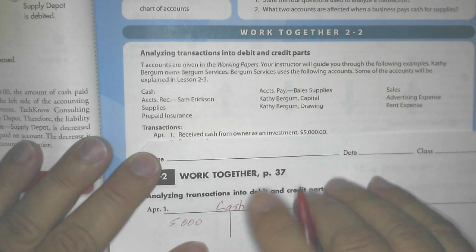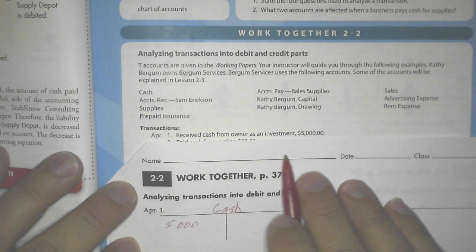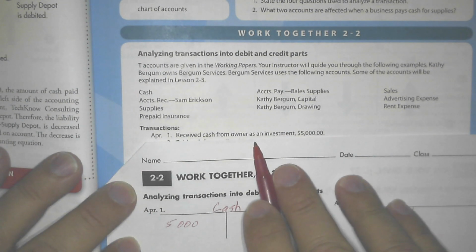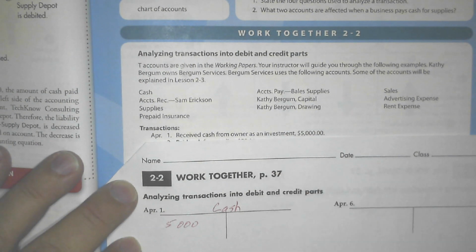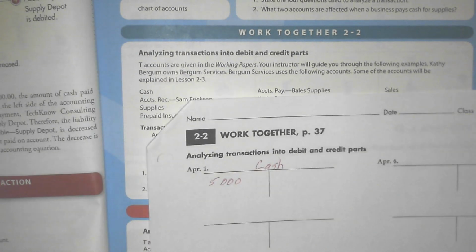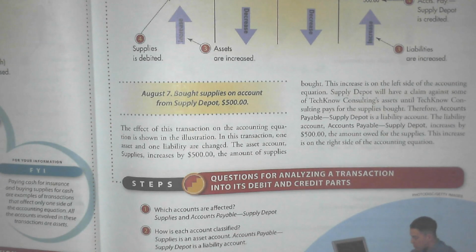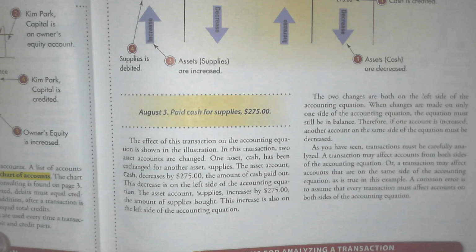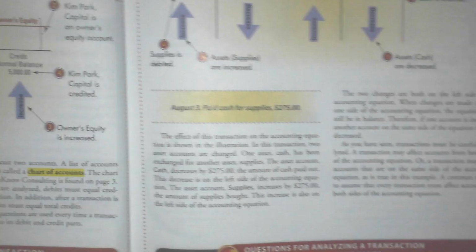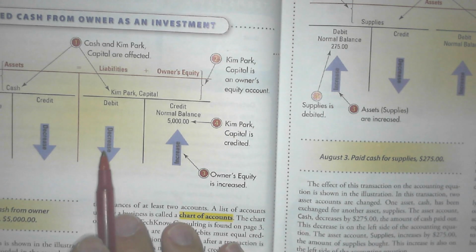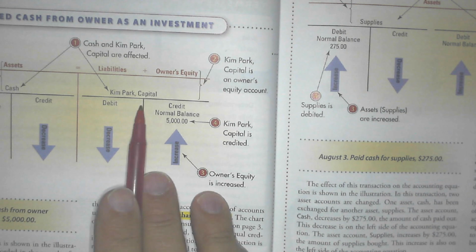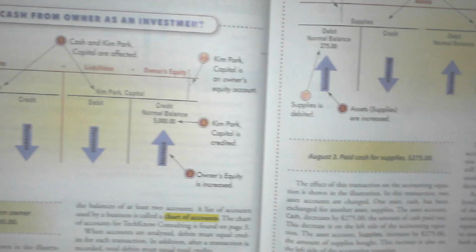So then we also had from owner's investment. So that one's going to be the owner's capital account, where it's the first example in the chapter. Capital account.